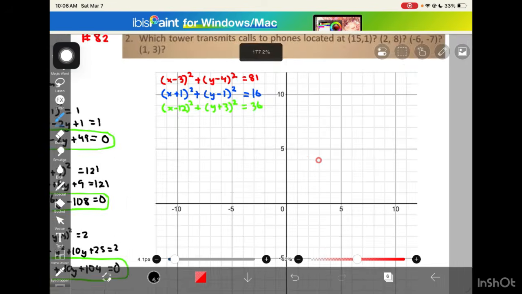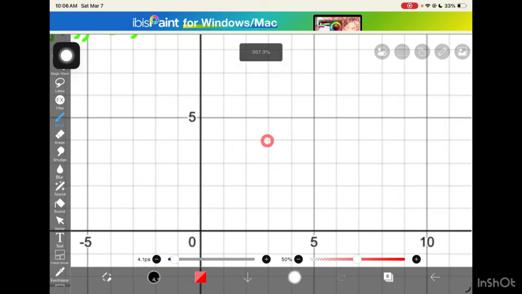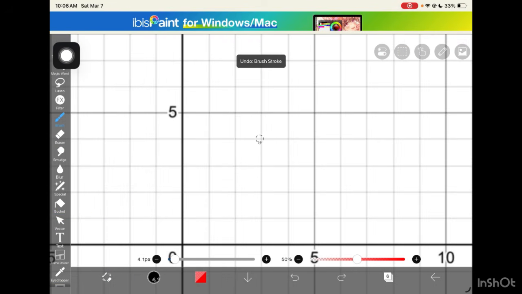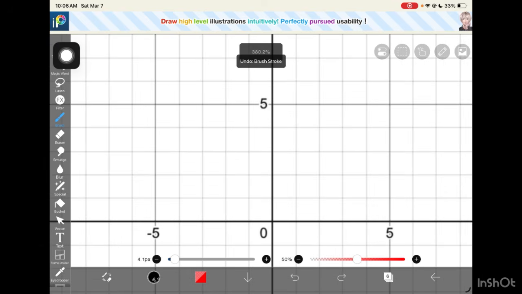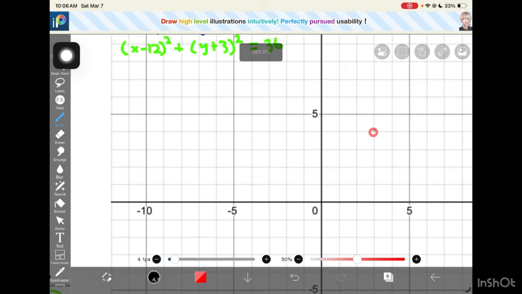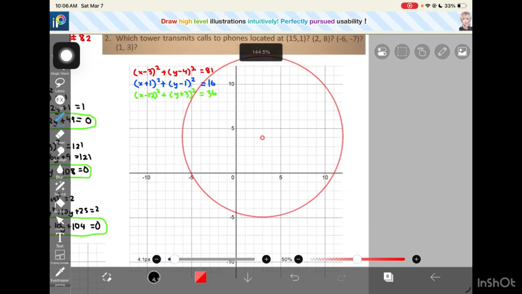So over here. So the center is over here and it's 81. So hold on. So it's gonna be 1, 2, 3, 4, 5, 6, 8, 9. Like that. So it goes out of bounds.